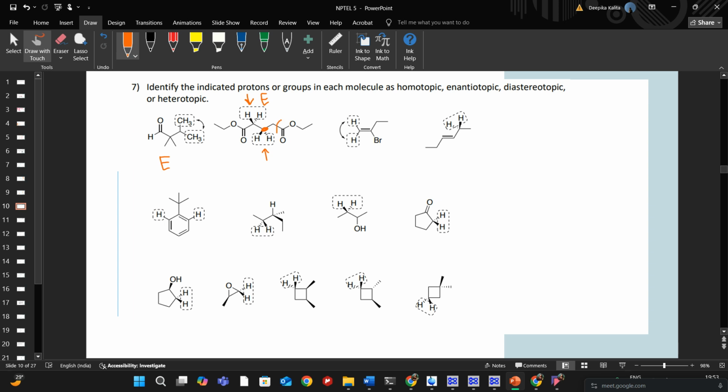Okay, the ester groups are identical on both sides. Hence, these two protons are actually present in the same chemical environment. That makes us conclude that these two protons are homotopic.